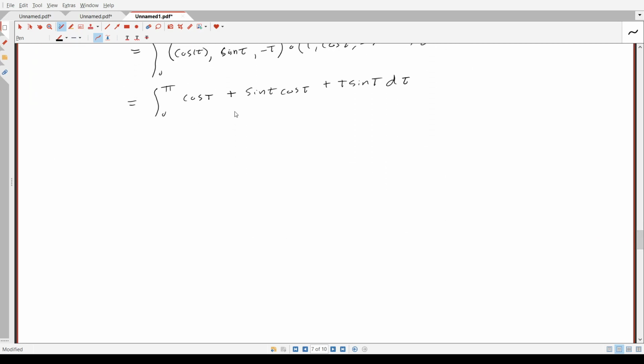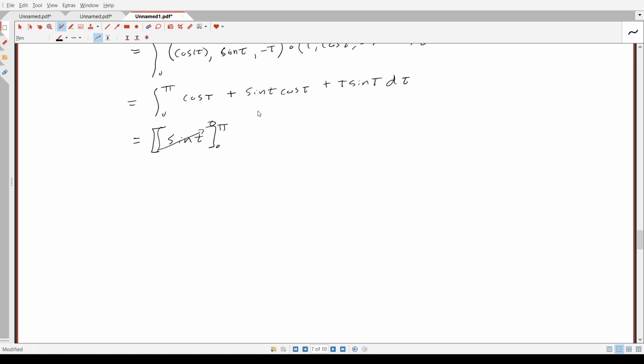Okay, so we can integrate each of these individually. Integral of cosine is sine. So that's just going to be sine of t from 0 to pi, which is 0. Should that be 0? Yes, that's 0.